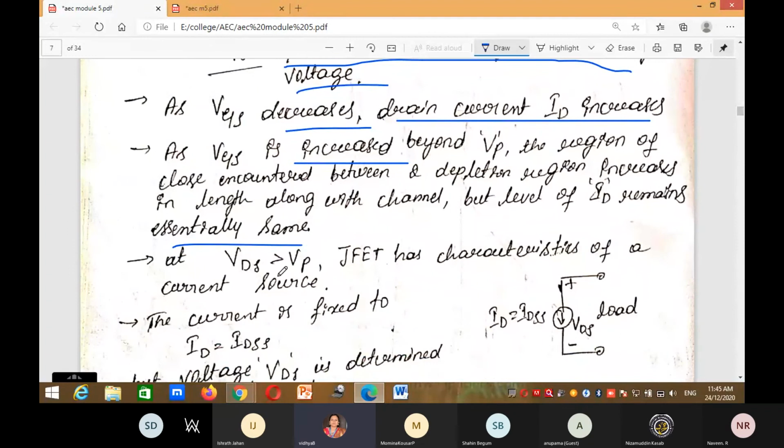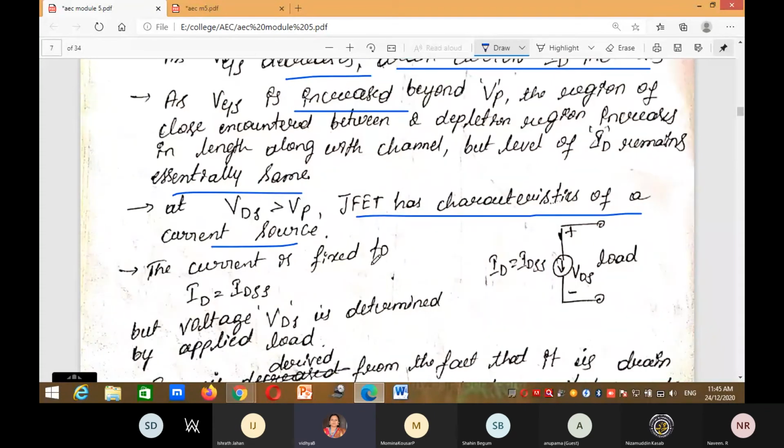At VDS greater than VP, the JFET has the characteristics of a current source, that is current is fixed at ID equal to IDSS, but the voltage VDS is determined by the applied load.